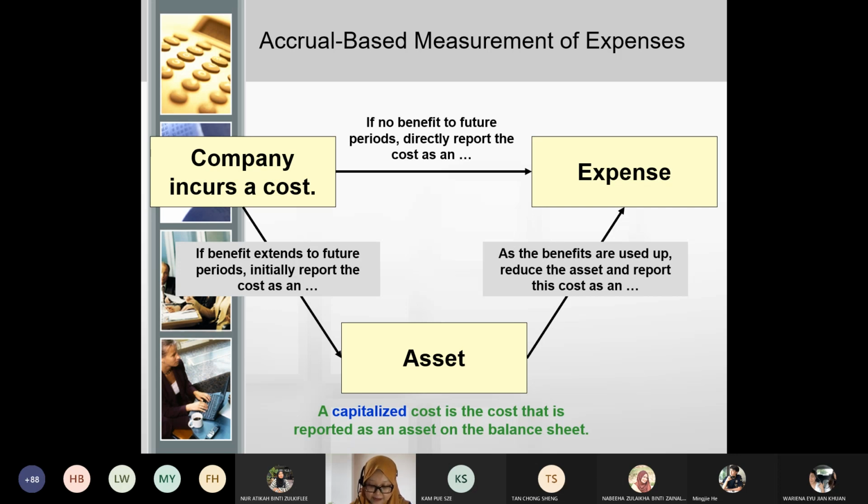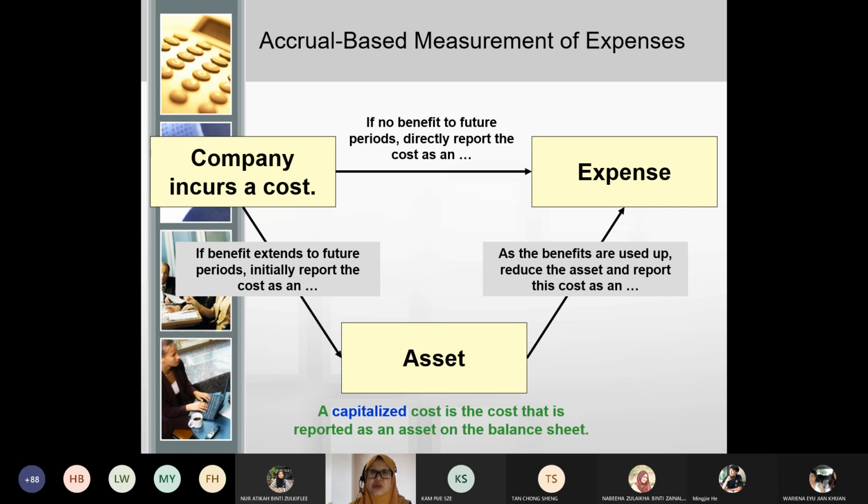So later, the asset cost would be transferred to expenses when the asset's future benefits have been used up. You understand? For example, an asset like a machine.